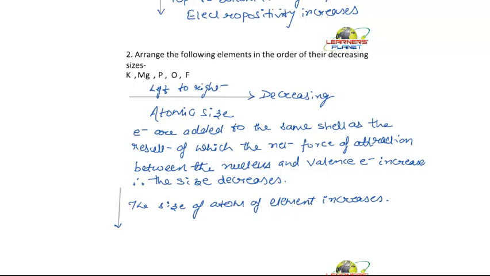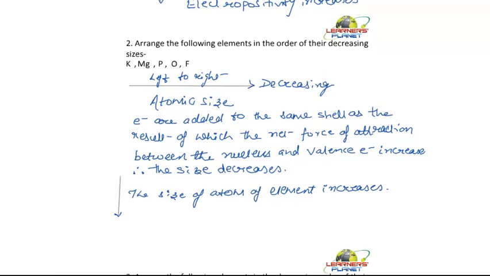Okay? So, let's see. In our question, there is potassium. So, your potassium belongs to which period? It belongs to the first group. Magnesium belongs to the second group. Phosphorus belongs to the fifth group.